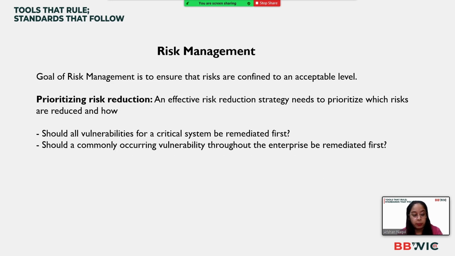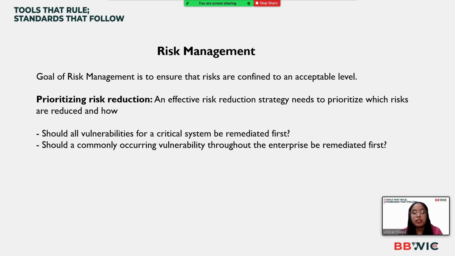Let's see the risk management. The goal of analyzing risk is to understand the current state of risk and make informed decisions about where items need additional security. The first strategy in risk management is prioritizing risk reduction. Effective risk management must prioritize a risk reduction strategy, taking into account all of the inputs into the risk analysis equation, as well as time and cost to implement countermeasures capable of eliminating or reducing risk to an acceptable level.